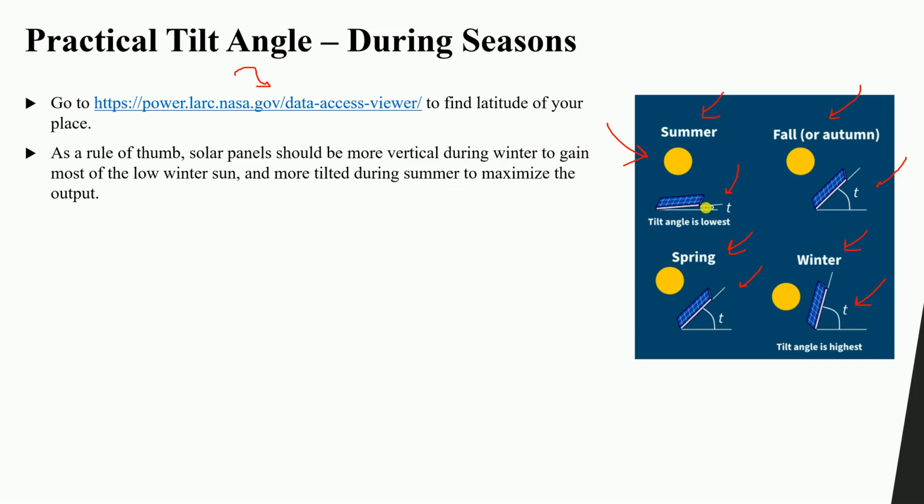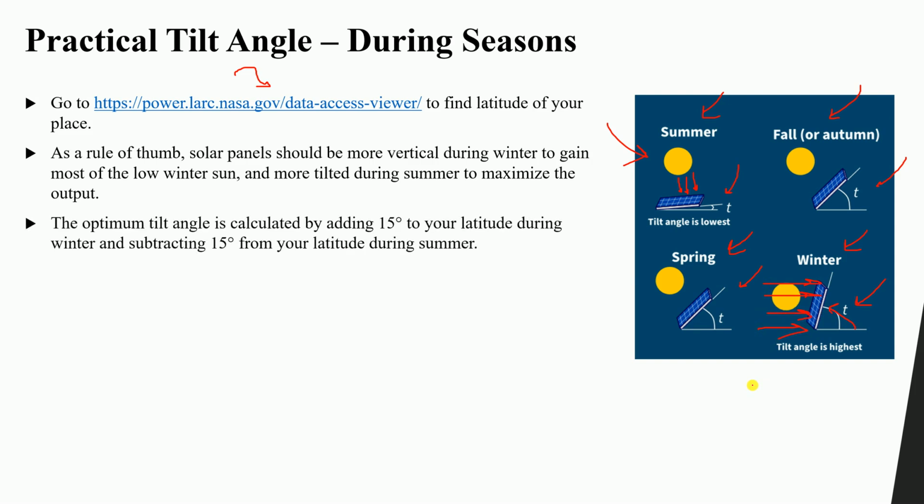So tilt angle is at its lowest during summer to make most of the sun rays perpendicular to the panel. In winter, we increase the tilt angle in order to make the sun rays perpendicular to the panel. So what is this value exactly?